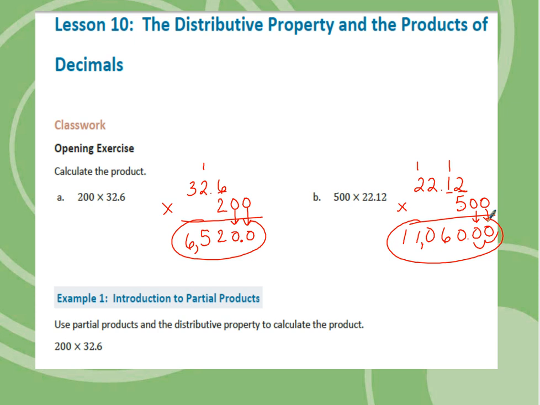The first thing that we need to take a look at is, as we do this, we are going to use the distributive property, okay? So what that means is we're actually going to write our 200, and we're going to multiply that by 32.